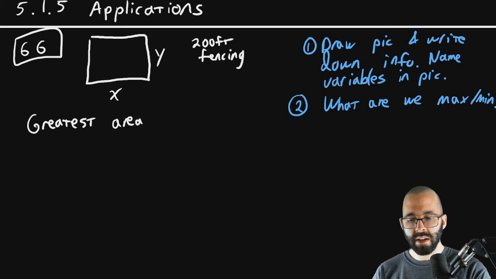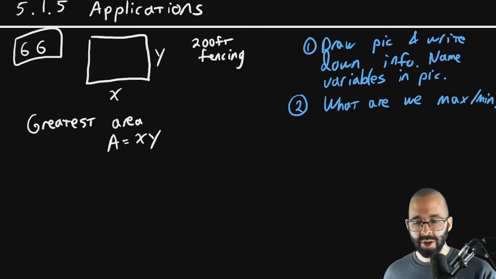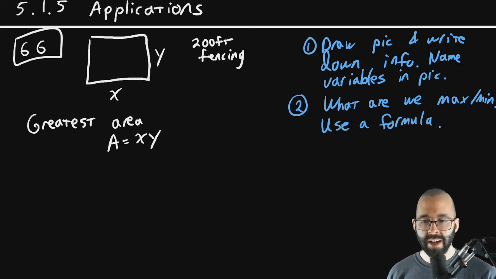What's the area? Area is going to be X times Y. So answer, what are we trying to maximize? What are we trying to minimize? And use an equation or a formula. It's rectangular area, that's X times Y. This is what we're trying to find the maximum of.